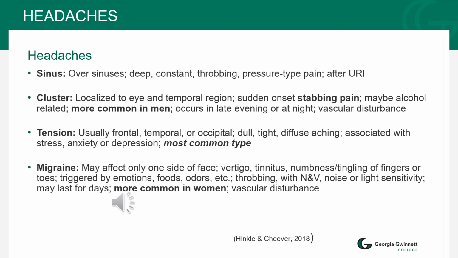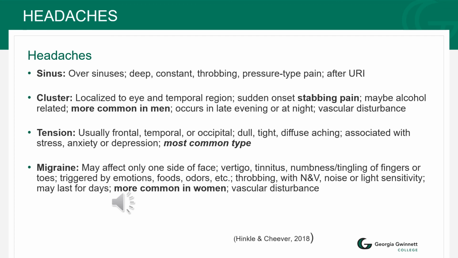There can be numbness or tingling in the fingers or toes. It can be triggered by emotions, by different foods or odors. It's a throbbing pain that usually has nausea and vomiting, and photophobia and phonophobia, which is sensitivity to light and sound.